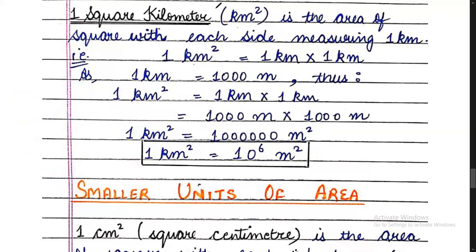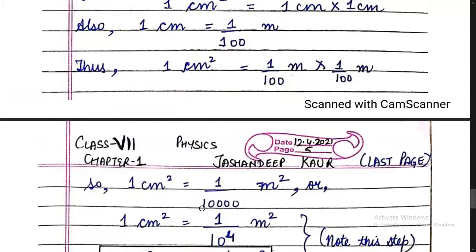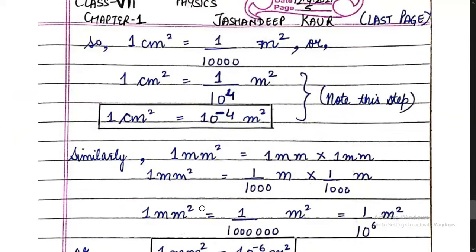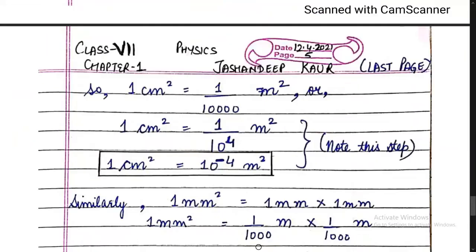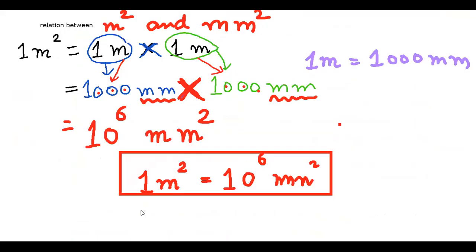Children, further, the smaller units of area have been already expressed to you. Now children, 1 meter square was equal to 10 raised to power 4 centimeter square. We did this relation today.